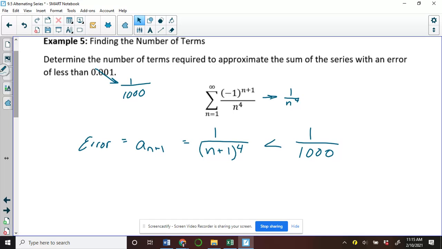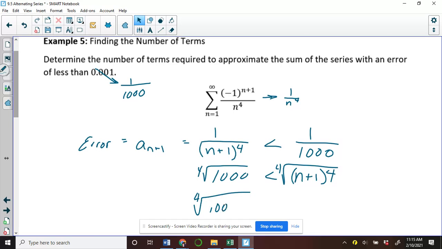If we cross multiply, we get 1,000 less than n plus 1 to the 4th. To solve, we should take the 4th root. And the 4th root of 1,000, and that cancels, so we subtract 1, must be less than n.